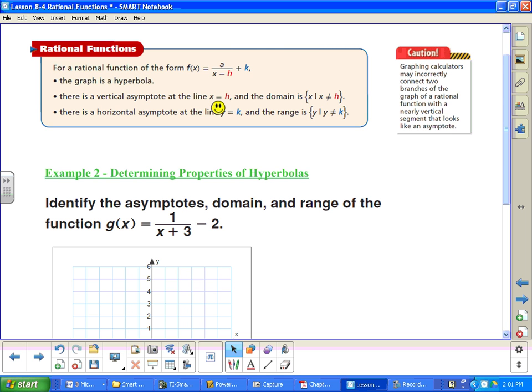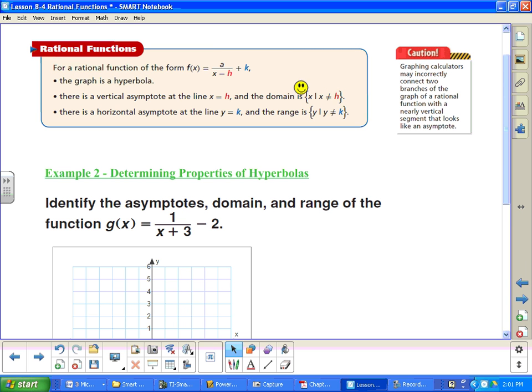And when we talk about domain, then we would say that x is all real numbers except for that value. Because where we have that vertical asymptote, that's where the denominator is equal to 0. And the function doesn't exist there. So we would just say that x does not equal that value for our domain.